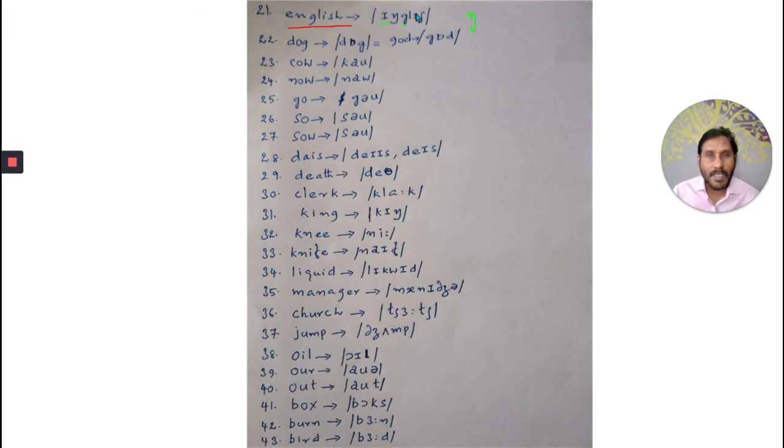Can you see that? English, I, Inga, G. Again G, again L, again I, and English.